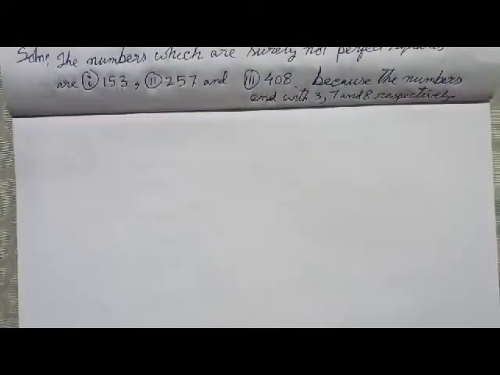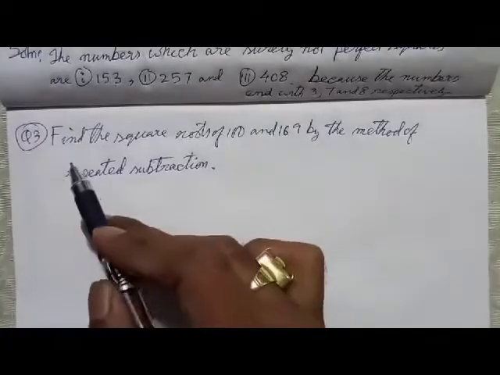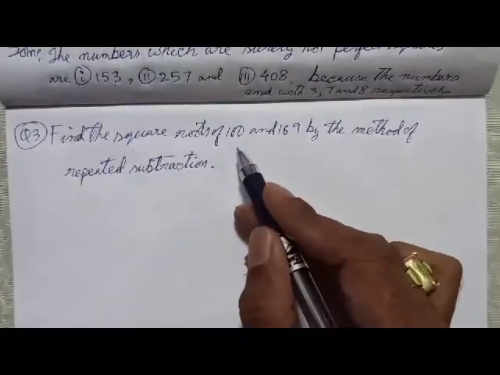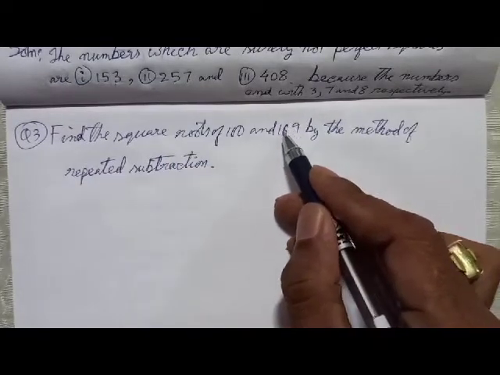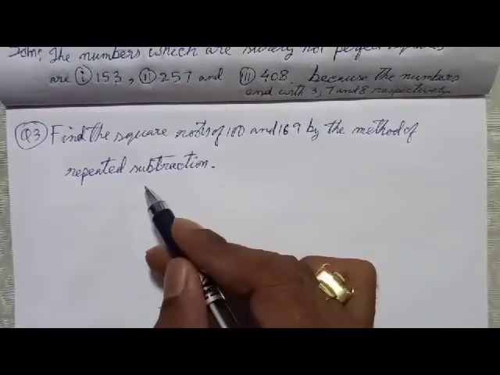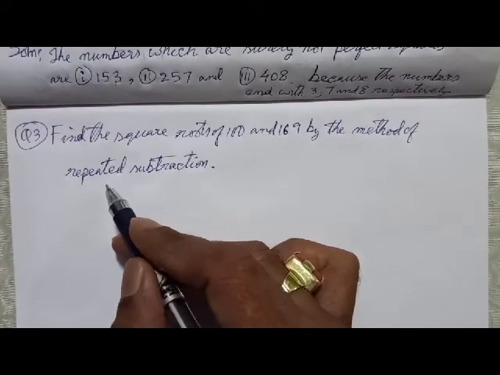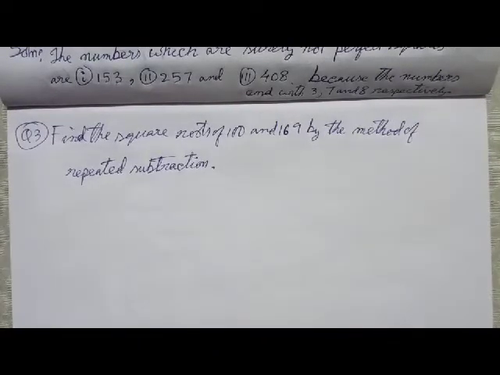Now let's try question number 3. Find the square root of 100 and 169 by the method of repeated subtraction. In this repeated subtraction, we are going to subtract odd numbers successively. Now solution.